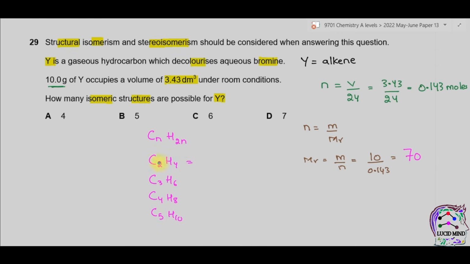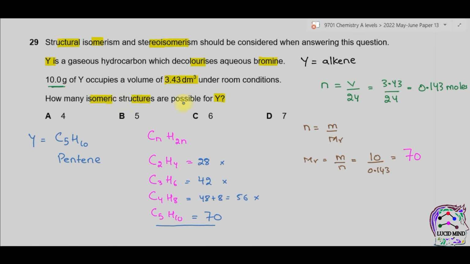Molecular mass 12 times 2 is 24 plus 4 is 28, so it is wrong. 12 times 3 is 36 plus 6 is 42, it is incorrect. 48 plus 8 is 56, this is also wrong. 60 plus 10 is 70, so this one is correct. It means that Y is C5H10, which is pentene.